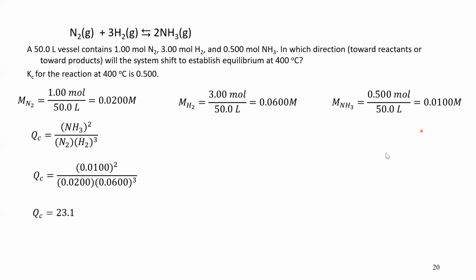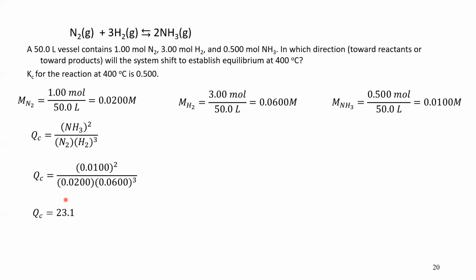All right, so what are we going to do with that now? Well, here's the value for the concentrations that are in the vessel. K tells us what that ratio would be at equilibrium. K and Q are not the same number.